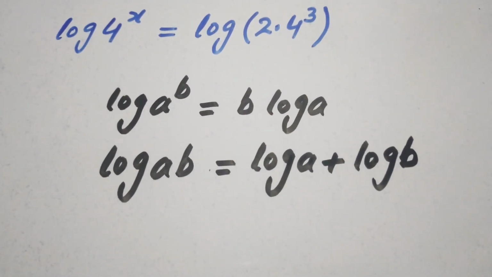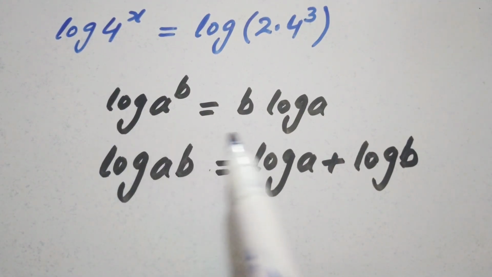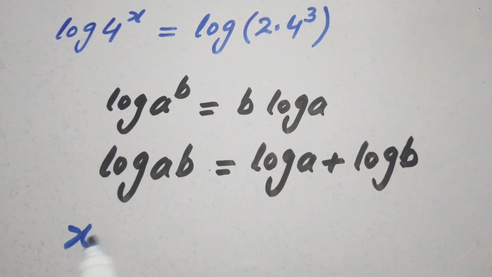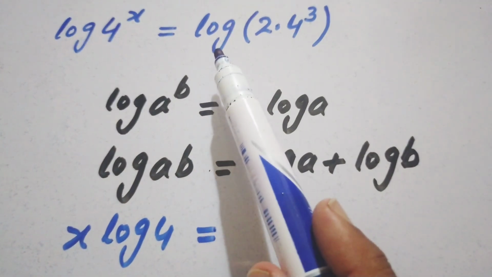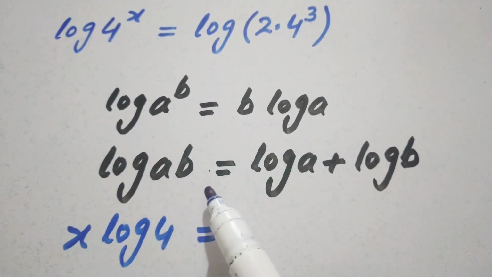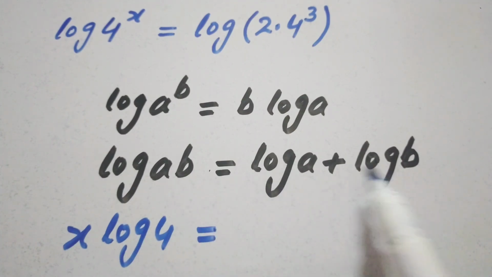So now the above equation, we can write as log of 4 to the power x. We apply this logarithmic property, so this will become x log of 4 is equal to, at the right hand side, we apply the property log of a multiplied by b equals log of a plus log of b.